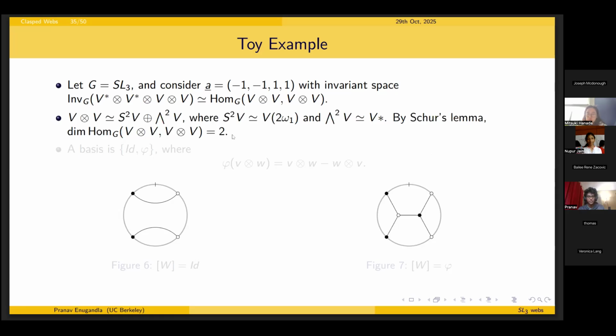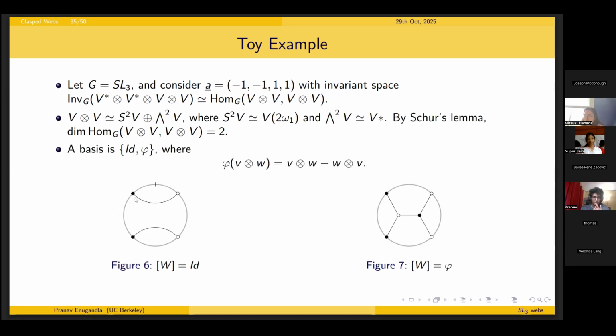So this symmetric power can only map to itself, and the exterior power can only map to itself. And I have two choices for these scalars that I pick. And so the dimension of this Hom space from V tensor V to V tensor V is 2. So I should have two webs, and these are the two webs telling me what the maps are.